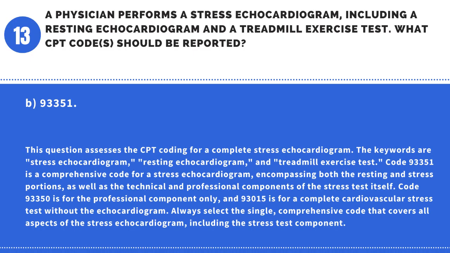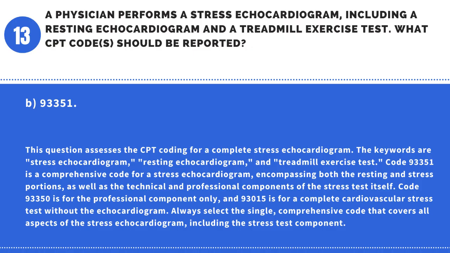Answer B. 93351. This question assesses the CPT coding for a complete stress echocardiogram. The keywords are stress echocardiogram, resting echocardiogram, and treadmill exercise test. Code 93351 is a comprehensive code for a stress echocardiogram, encompassing both the resting and stress portions, as well as the technical and professional components of the stress test itself.